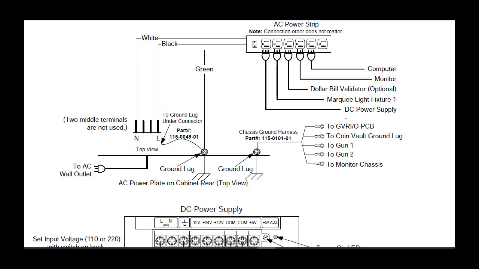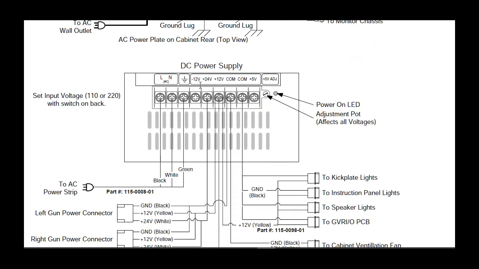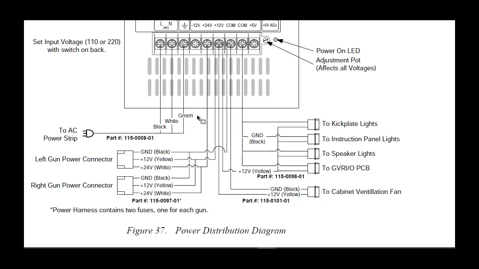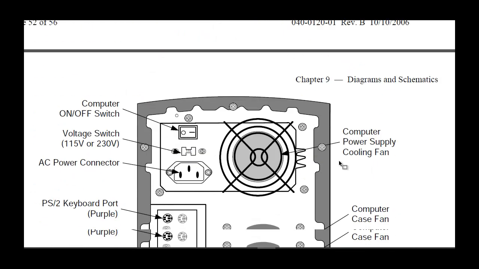DC power supply, we have the DC power supply 24 volt and 12 volt, as we see. We do not need to use minus 12 volt. We just need 24 volt and 12.